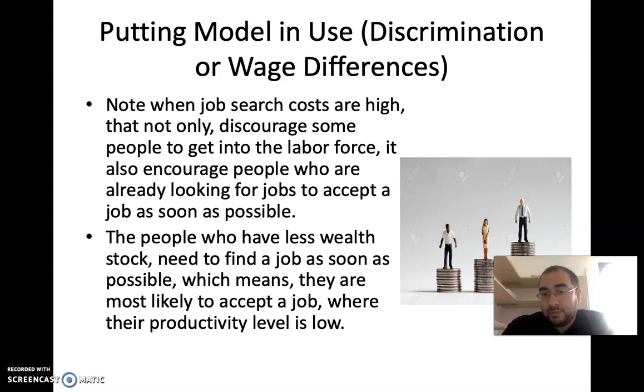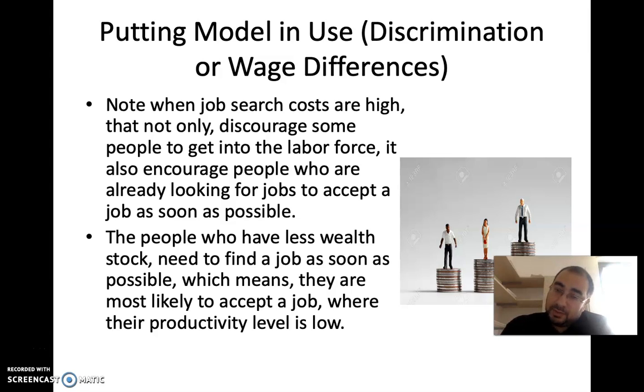The employer might just say, okay, if he belongs to this group, probably this person will be willing to work for a lower wage. And as a result, if the employer starts to judge all of the people from that group in that way, even the people with relatively more ability to have a longer job search process will find it less probable to find a job which will pay them a high wage.